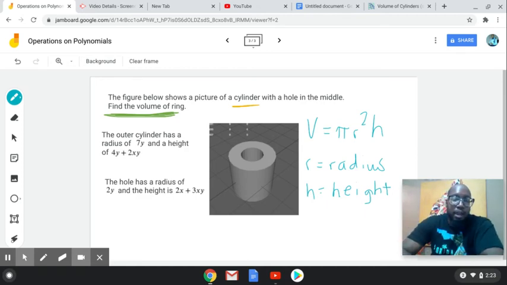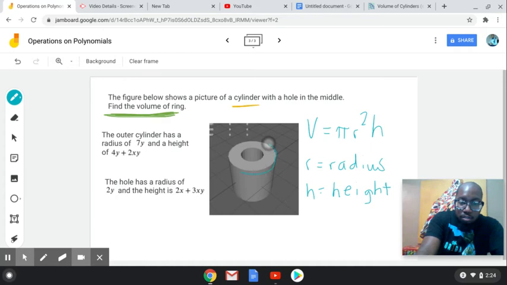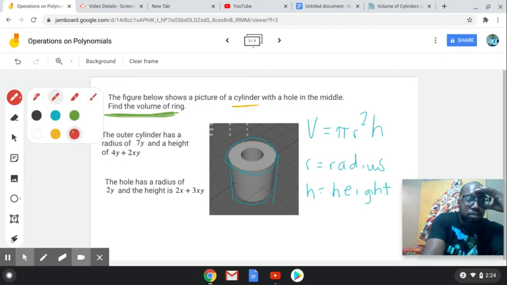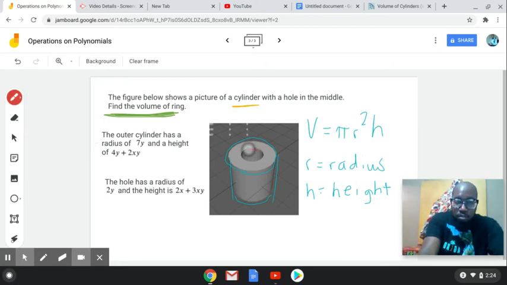So in our outer cylinder, on the outer part of it, starting from here, going all the way around, that has a radius and a height. And then we have the inner part too as well, the hole.